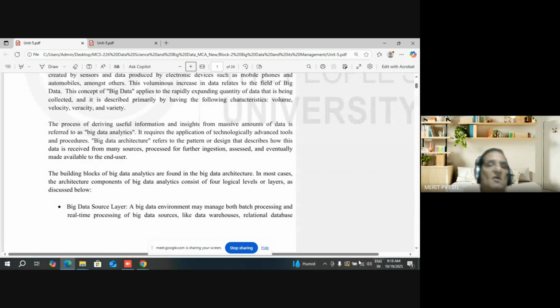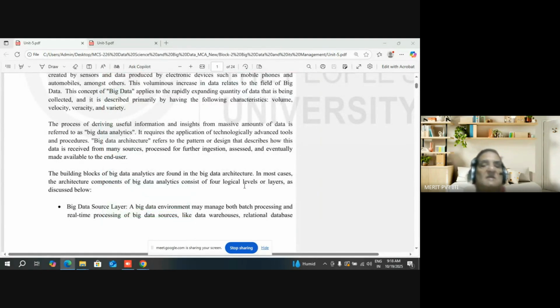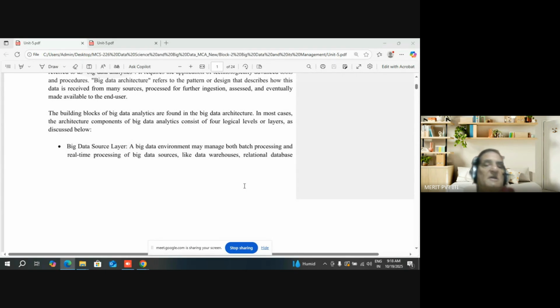So the building blocks of big data analytics are found in big data architecture. So पहले big data architecture में सब आपको मिलेगा. So what is the big data source layer? A big data environment may manage both batch processing and real-time processing. You understand batch processing and real-time processing?